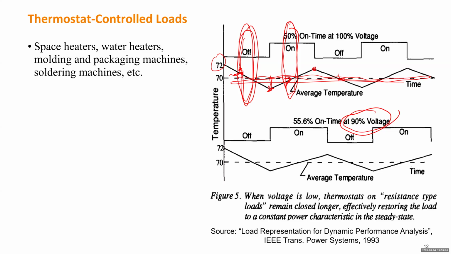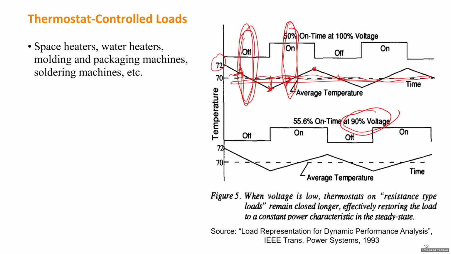So what I can do is increase the percentage for the on state, to 55.6%, slightly over 50%, which means when the voltage is lower, your AC will be turned on longer than it is turned off in order to maintain the same temperature.